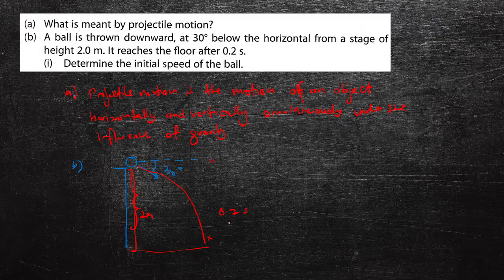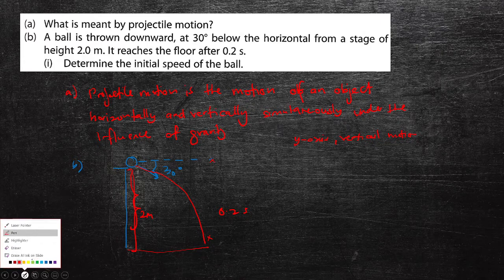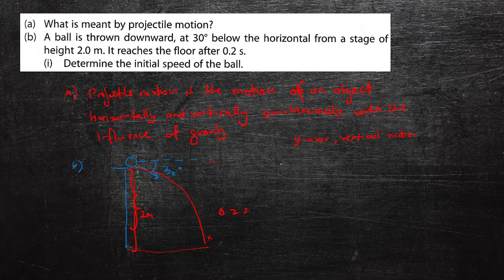So we have to find the initial speed of the ball. We're using the vertical motion, which is up and down, the y axis. We can use s equals ut plus 1 over 2 at squared.